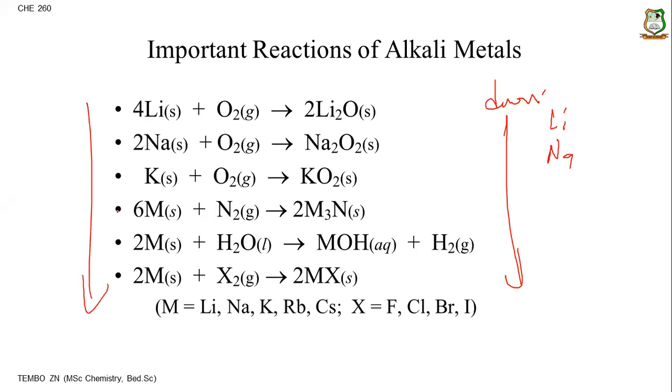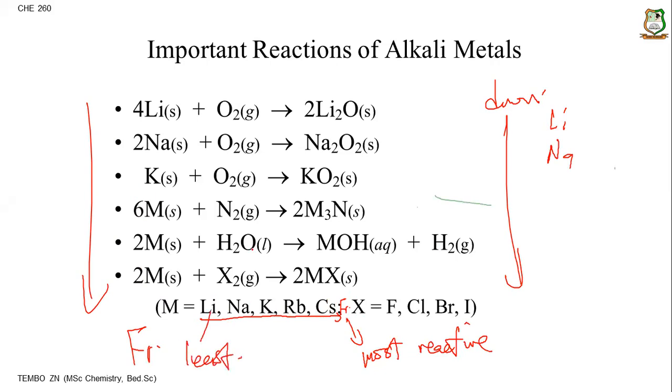And all of us reached a point where we said that francium, because reactivity increases going down like this, is the last one here. So this one is the one on top and this one is the one at the bottom. So the most reactive is actually francium, but on this line, it's cesium. So we'll say most reactive. Then this one is going to be the least reactive.